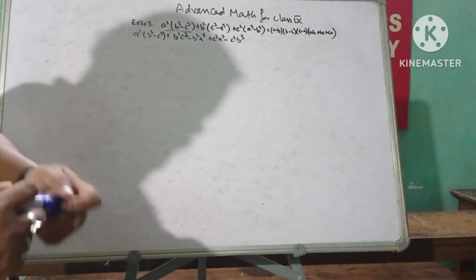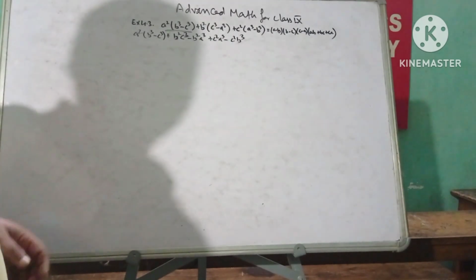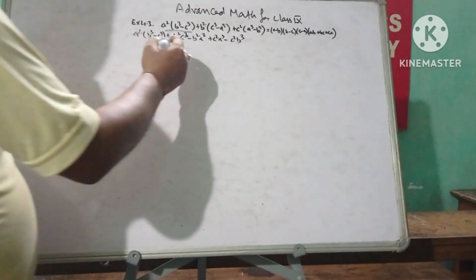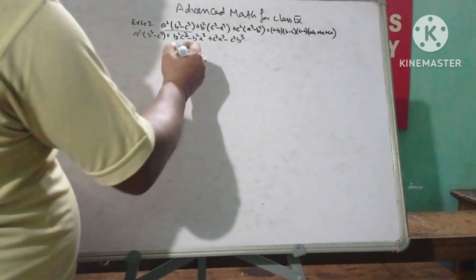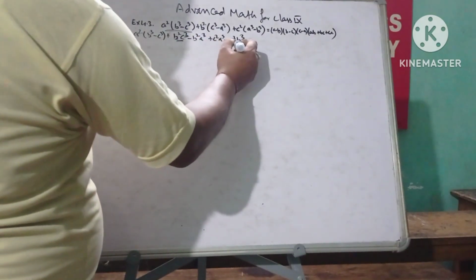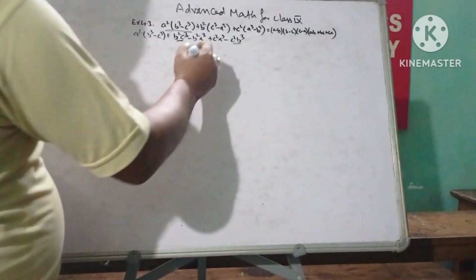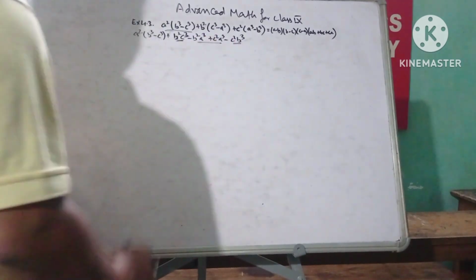So this remains here. Now from here I am going to find out that is b minus c. Let us take this and this, and from here you are going to get b minus c.